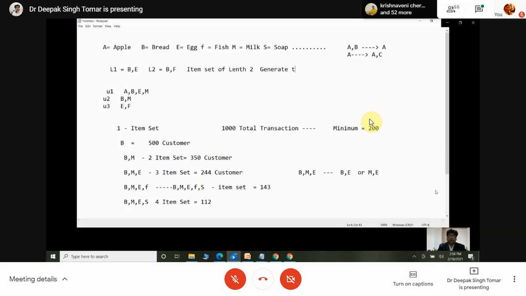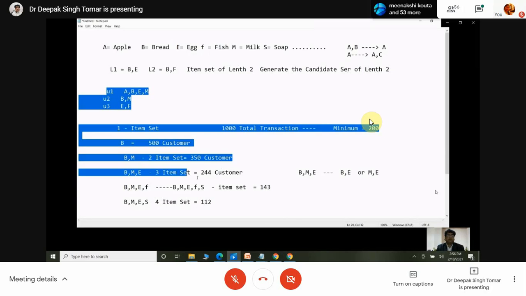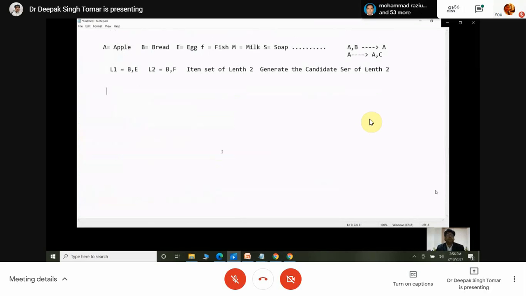How we generate the candidate set. So the concept is that it is the same in this one.